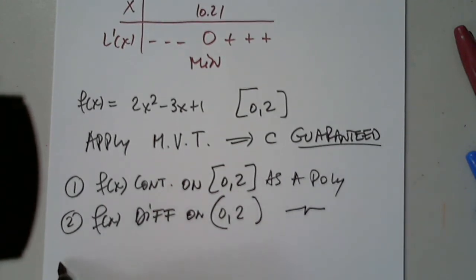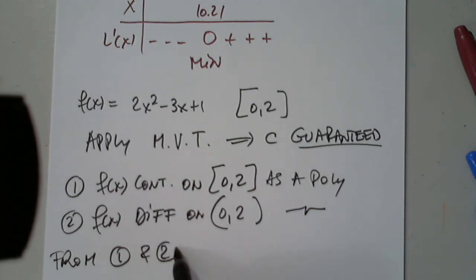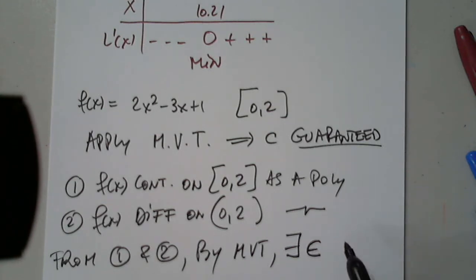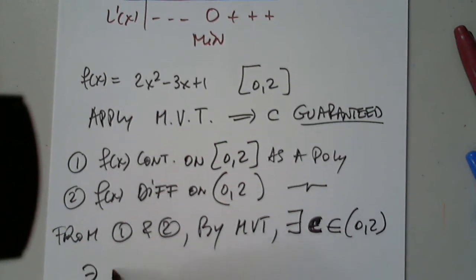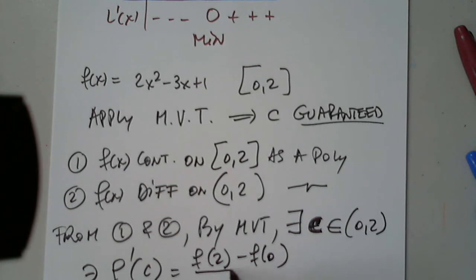Number 2, f of x is differentiable on the open interval 0, 2 for the same reason. Then I have to say from 1 and 2 by MVT, I will find a C in the open interval 0, 2 such that f prime of C equals f of 2 minus f of 0 over 2 minus 0.